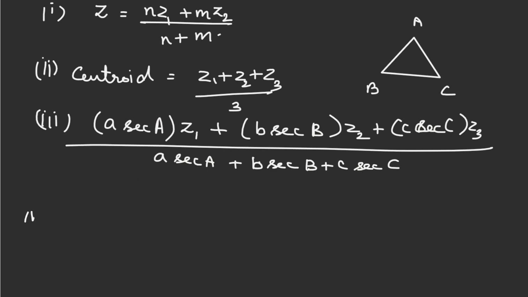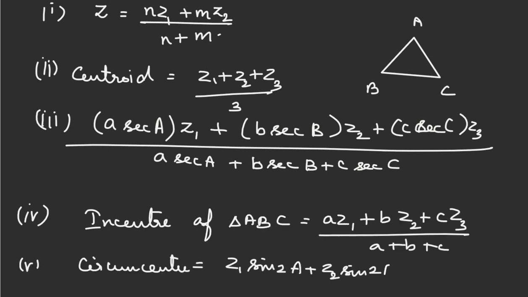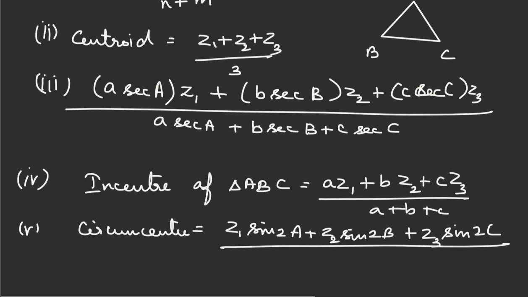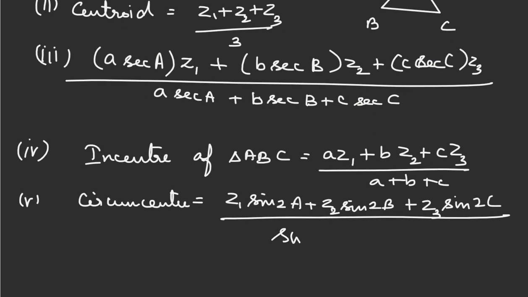The incenter of a triangle ABC is given by (z1 sin 2A plus z2 sin 2B plus z3 sin 2C) whole divided by sin 2A plus sin 2B plus sin 2C.